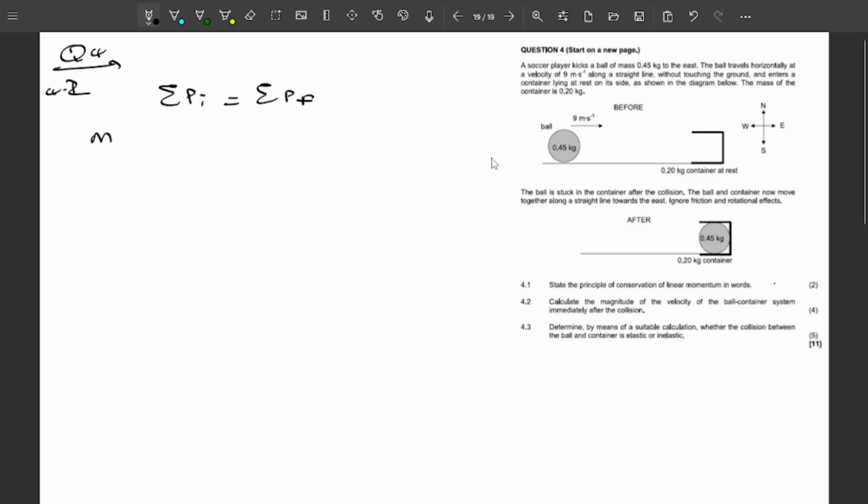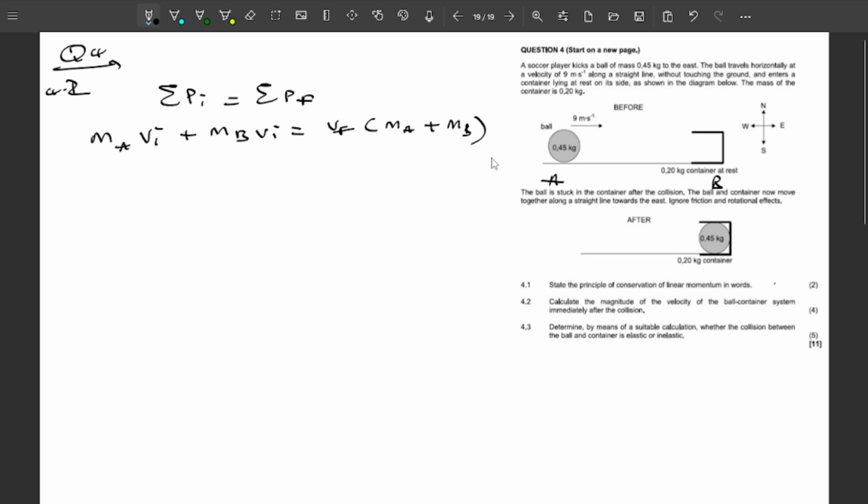So, let's call the ball A and the container B. So mass A, V initial, plus mass B, V initial, is equal to V F times mass A plus mass B. After we've done this, we can fill in the masses.